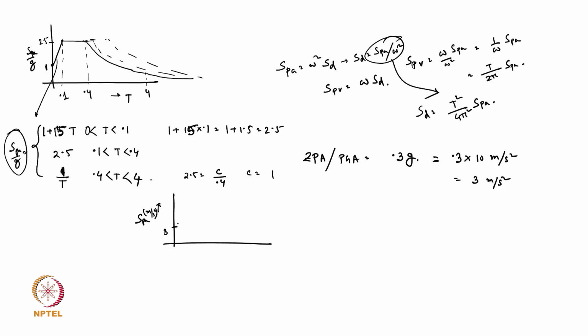So it will start from 3, then go to 3 into 2.5, whatever it is, and it will go again like that. So you just have to multiply this full set with 3 and your unit will become meter per second square. Any doubt? This is just scaling up, nothing else. Agreed, all of you?